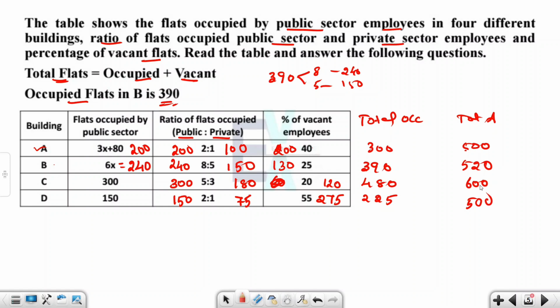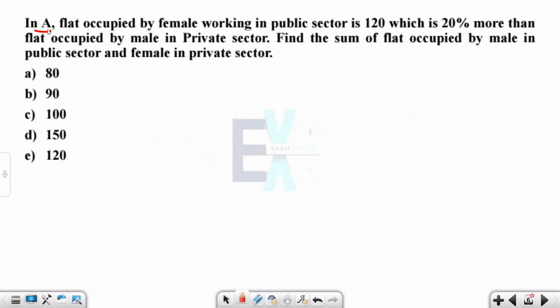So now let's solve the first one. In flat A, the flats occupied by females working in public sector is 120, which is 20% more than males in private.